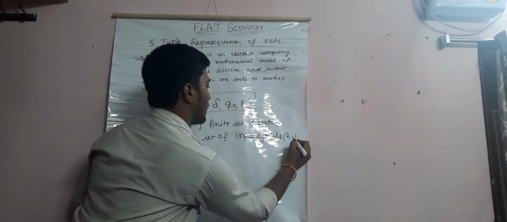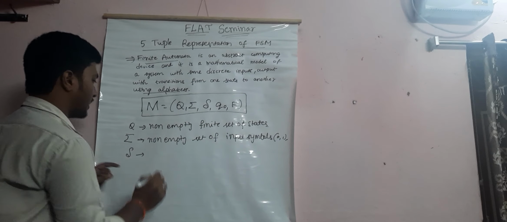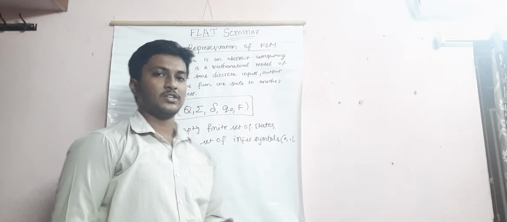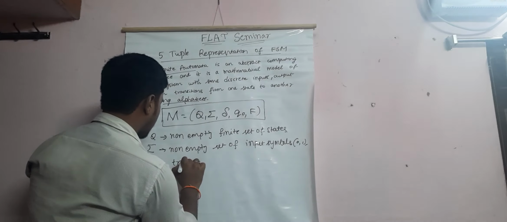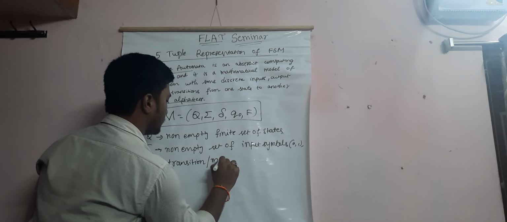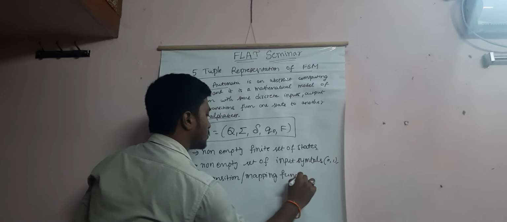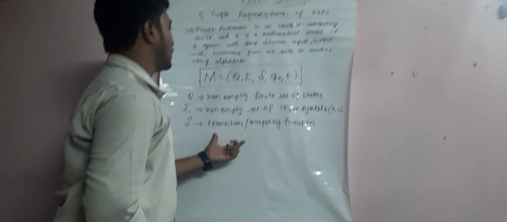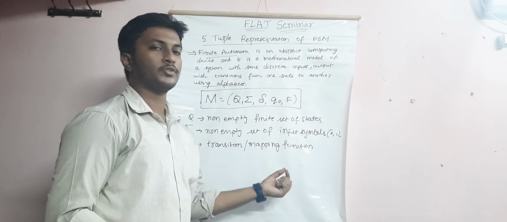Coming to the next one, it is delta. So delta is nothing but the transition function. It is also known as the mapping function. So this transition function is used to move from one state to another state by consuming the input alphabet.